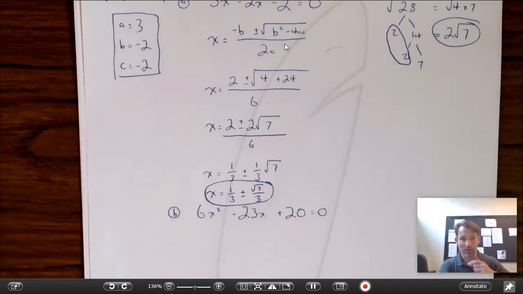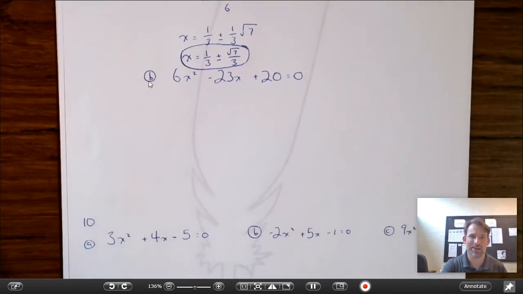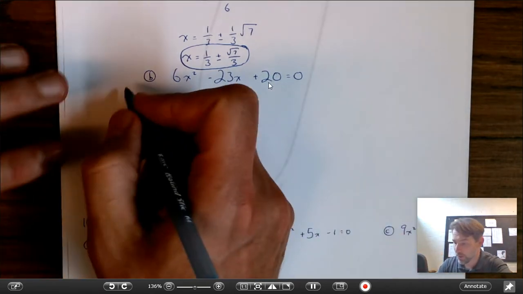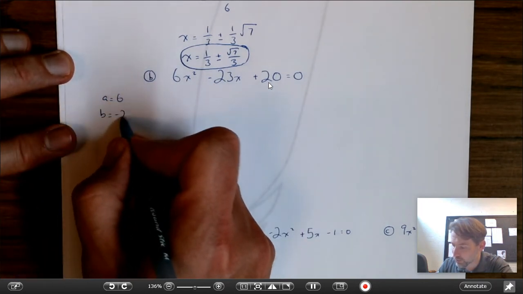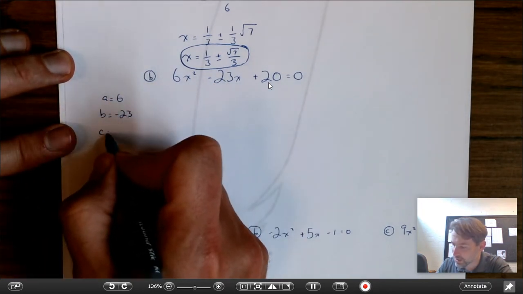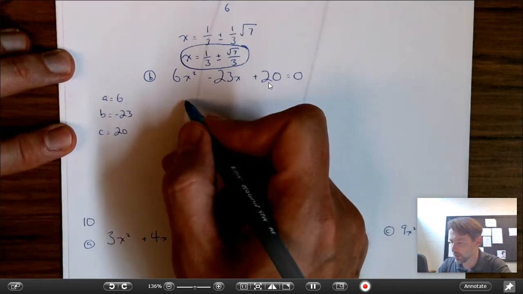Now let's do the next one. So b, 6x squared minus 23x plus 20. There's nothing fancy that I can divide by to make these numbers smaller or more manageable, so I just crank the quadratic formula. A is equal to 6, b is equal to negative 23, and c is equal to 20. So put it in there.